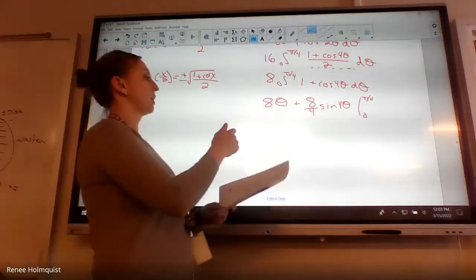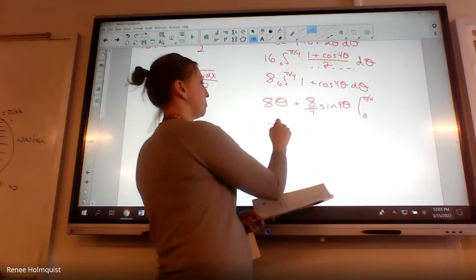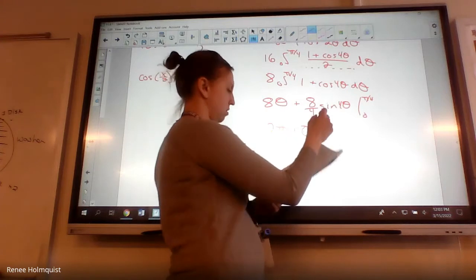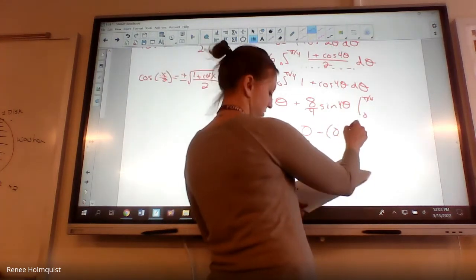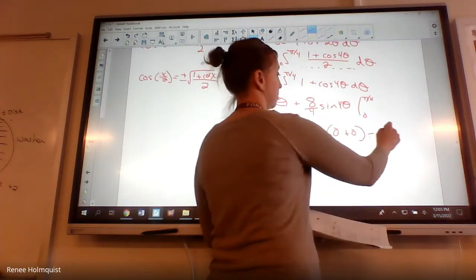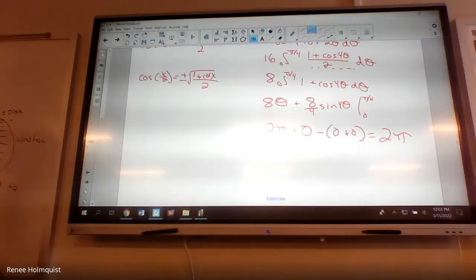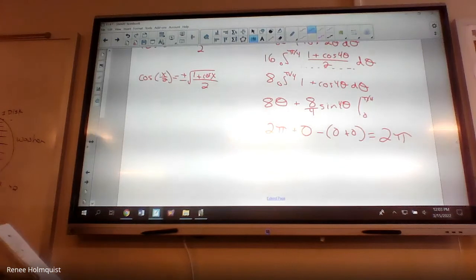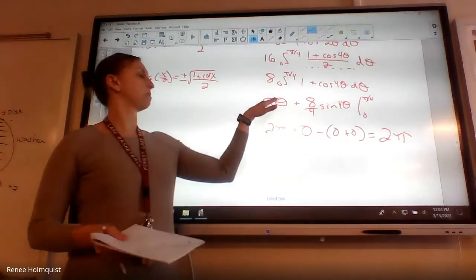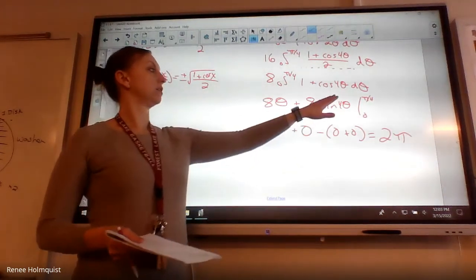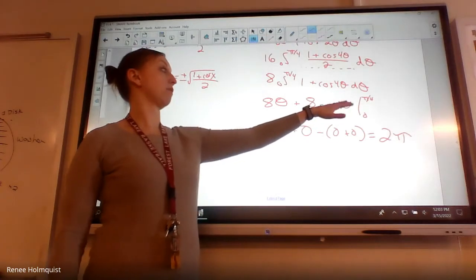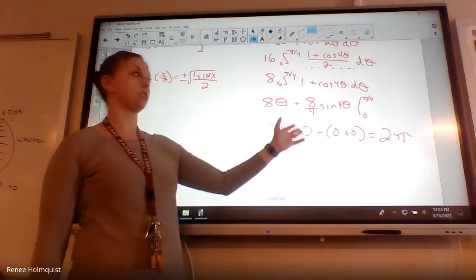Okay, so plugging these in, this would be 2 pi plus 0. When I plug in 0, they're both 0, so this whole thing is 2 pi. So I put in pi over 4. 8 times pi over 4 is 2 pi. The sine of 4 times pi over 4 is the sine of pi, which is 0.